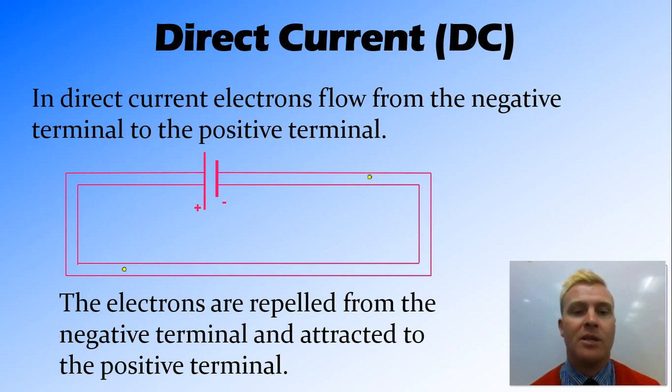So in the negative terminal, there's a whole heap of electrons there, or a build-up of electrons there trying to get out. And because electrons are all negative and likes repel, those electrons repel each other and push the electrons around them, around the circuit to the positive, which has relatively less electrons there. So the electrons are pushed from the negative and pulled towards the positive.